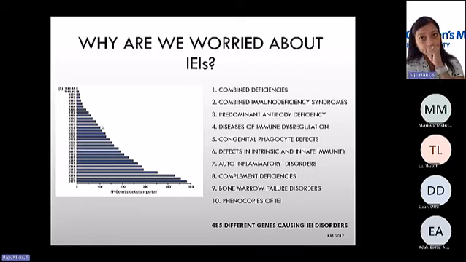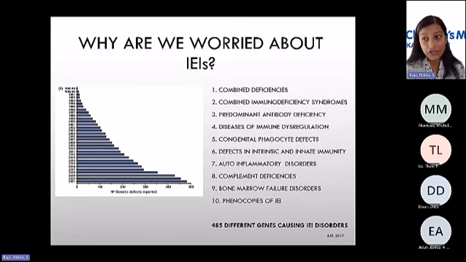Over time, we increased the knowledge about the number of genes that cause immunodeficiency. But that has expanded a lot since the genetic technology has improved. And at this point, we know more than 485 genes, so close to 500, and likely we have crossed that number already of the genes that cause immunodeficiencies.